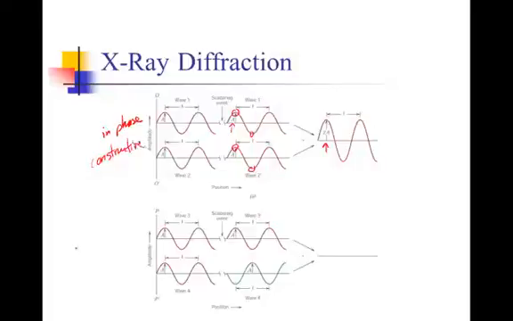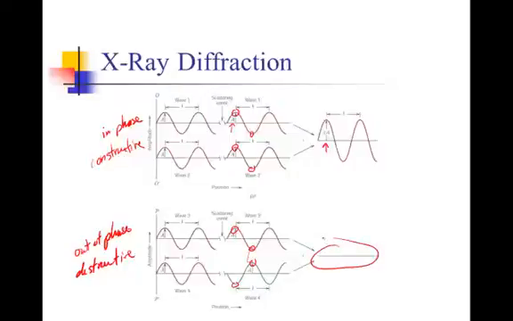Okay. Now, if they are out of phase with each other, then we have what we call destructive interference. And that's where the peak of one X-ray lines up with the trough of another, and the trough lines up with the peak, and they cancel each other out, and the detector sees basically nothing.